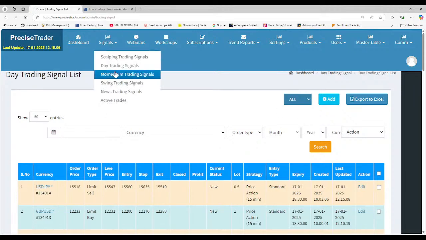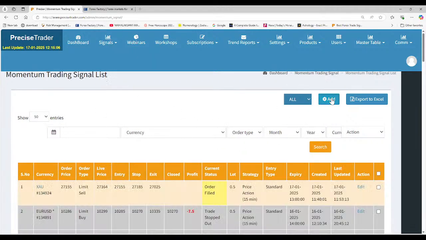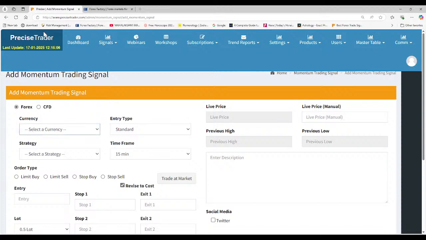Then we will go for a momentum trade at 155.50.